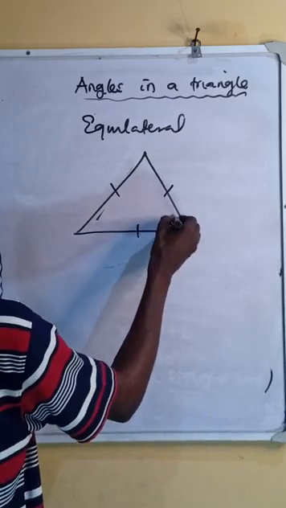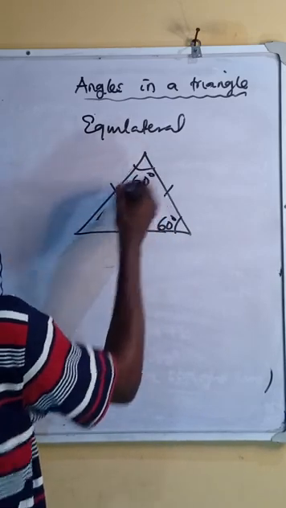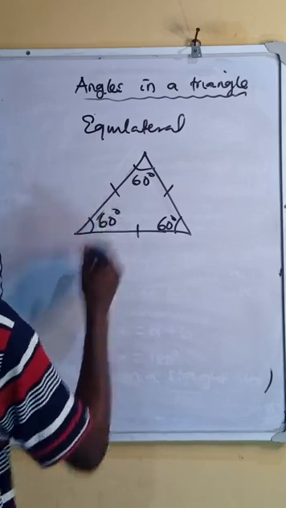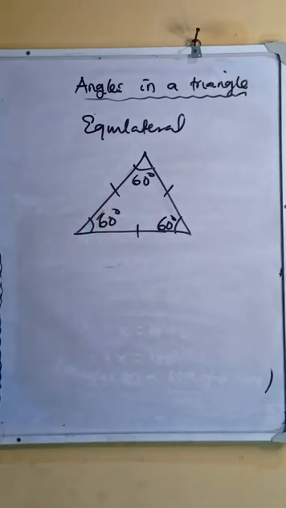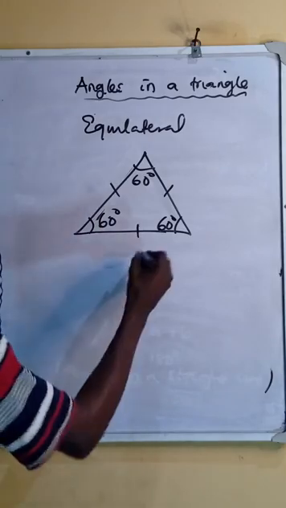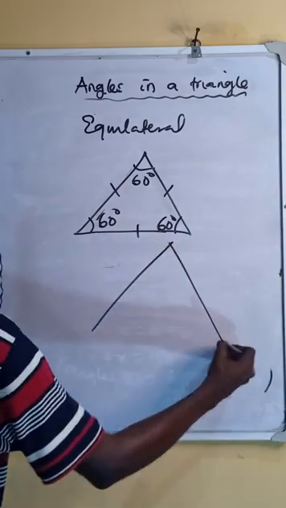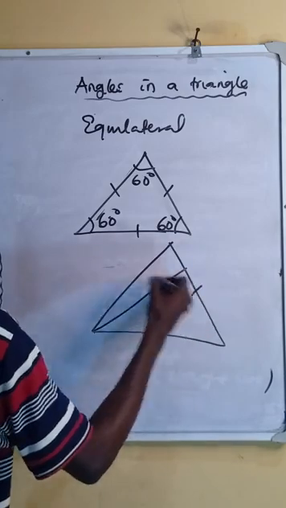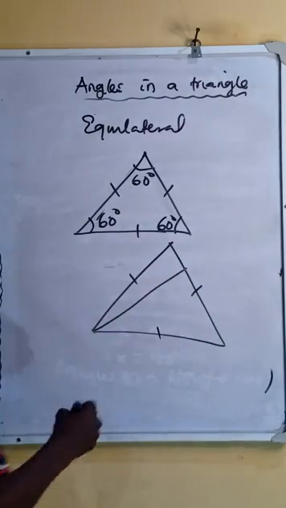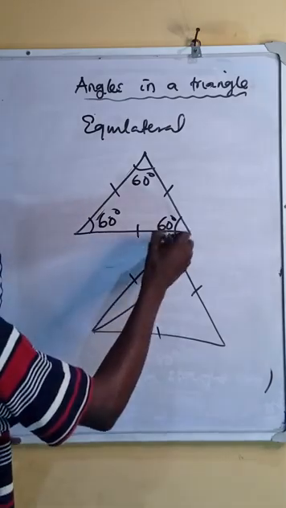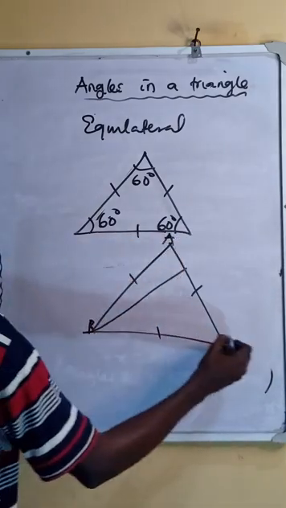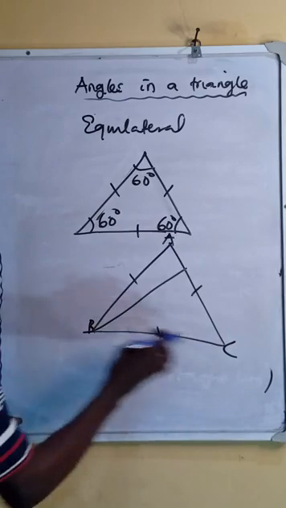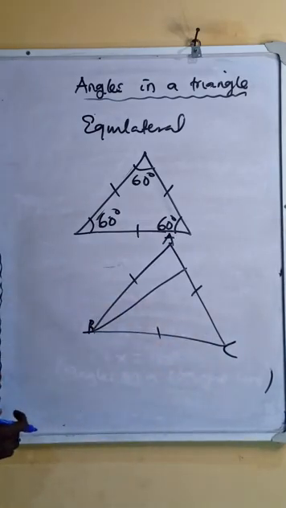So here is 60 degrees, here is 60 degrees, here is 60 degrees. All sides are equal and all angles are equal. So you can have maybe this type of triangle given to you in a question, and they already put this. So if this is labeled A, B, C, triangle ABC is an equilateral triangle.